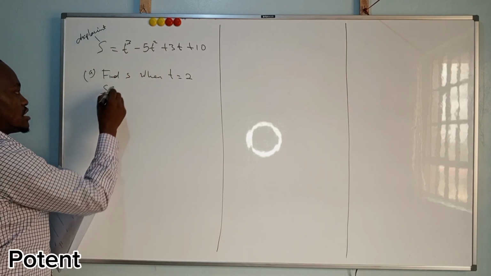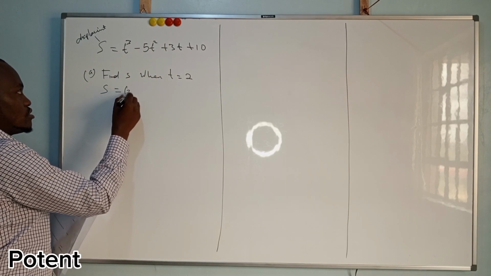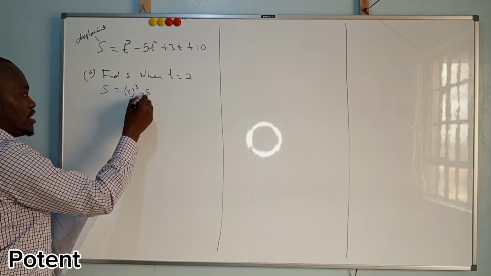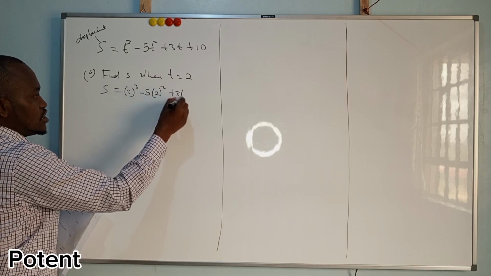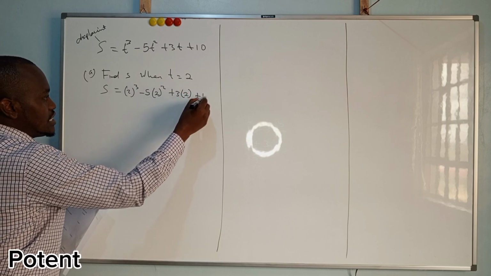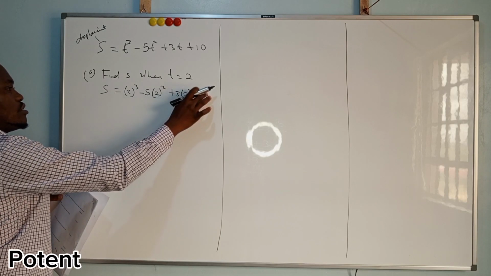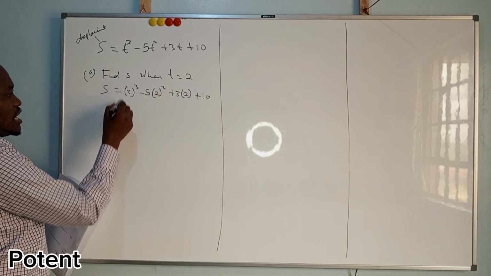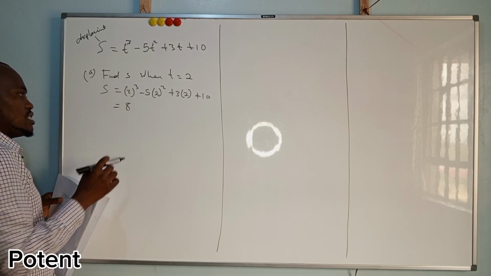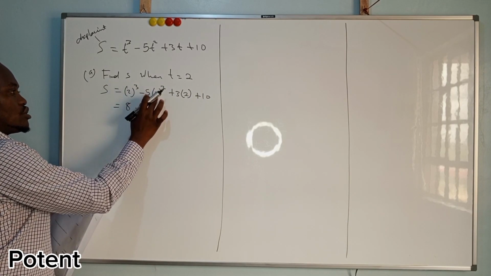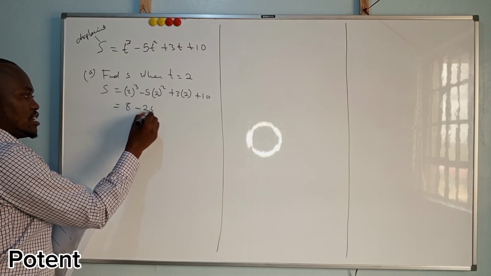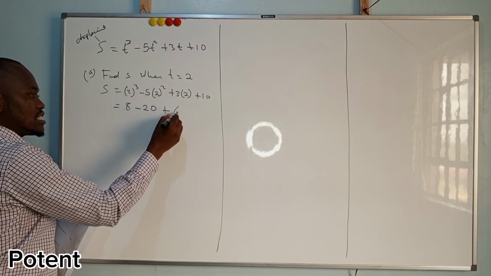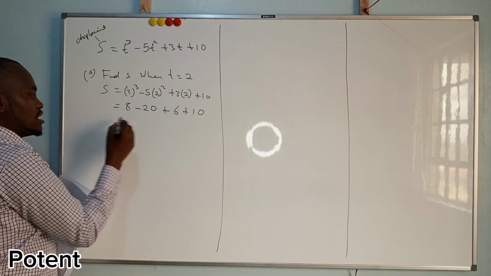So you just replace t with 2: 2 cubed minus 5 times 2 squared plus 3 times 2 plus 10. You're not supposed to fail this question because it is just direct. So 2 cubed is 8, minus 2 squared which is 4, times 5, 20, plus 6 plus 10.